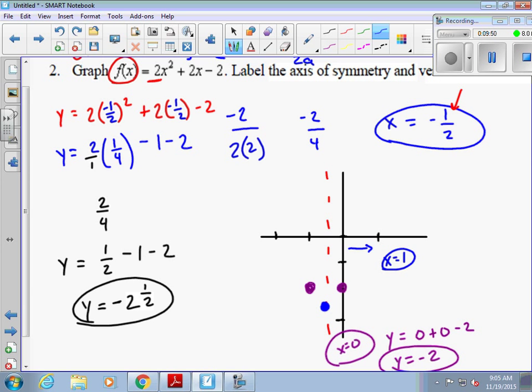So again, one more time in that equation, y is equal to 2 times 1 squared plus 2 times 1 is 2 minus 2. 1 squared is 1 times 2 is 2, plus 2 minus 2. 2 plus 2 is 4, minus 2. Y's value is going to be positive 2. So where x is 1, y's value is 2, and your point is going to be right there.